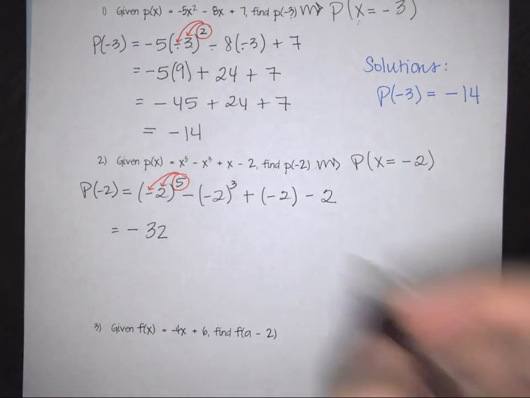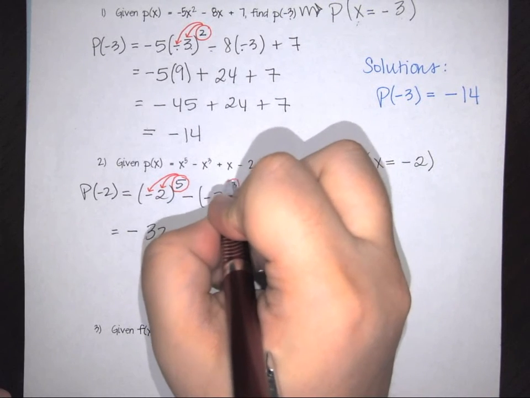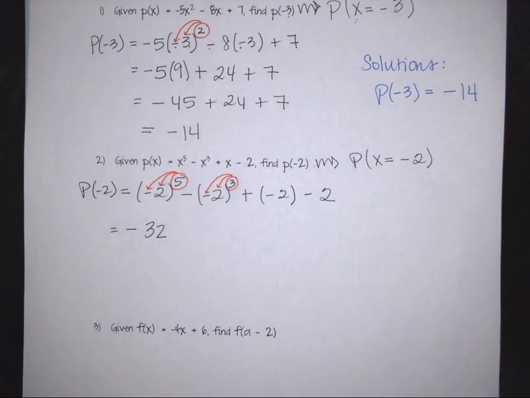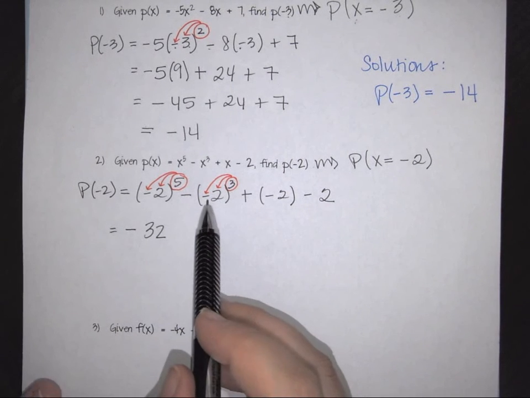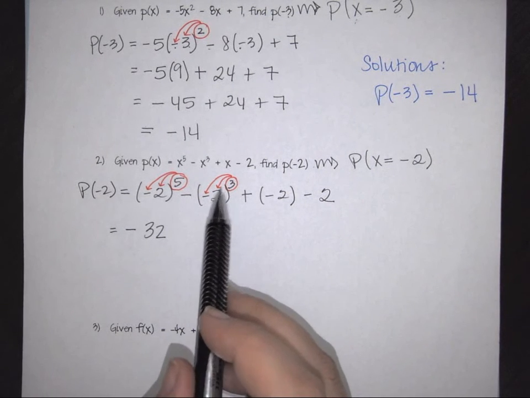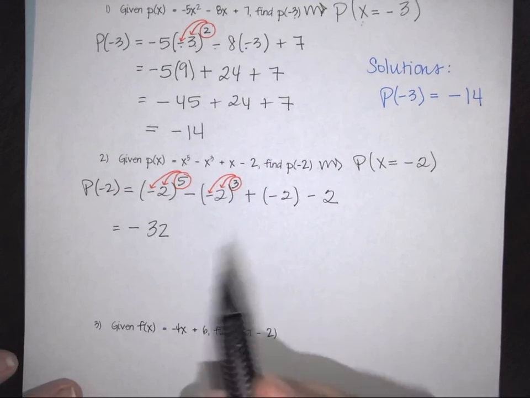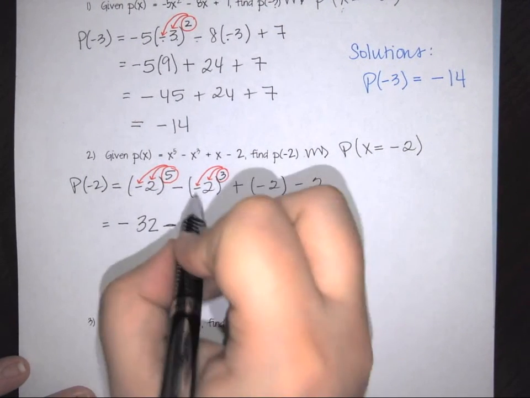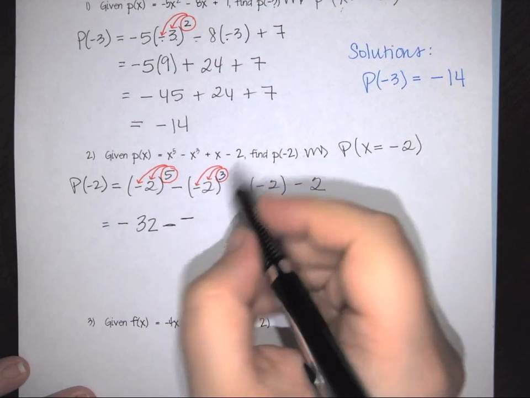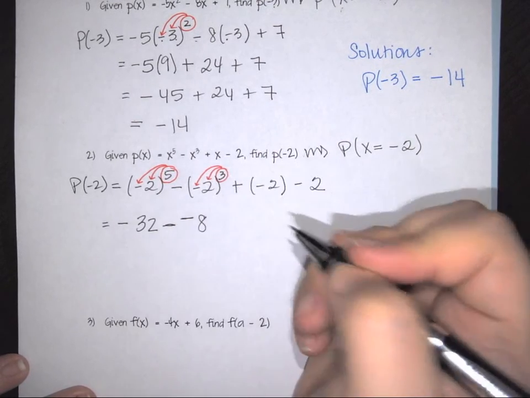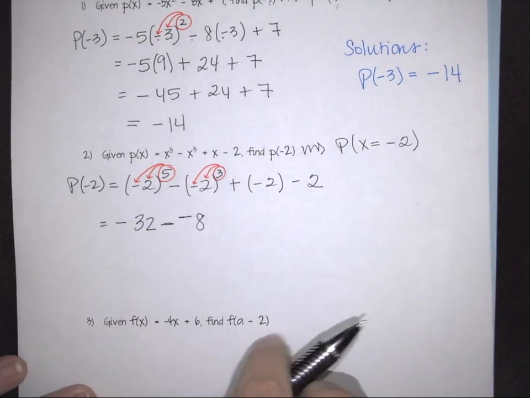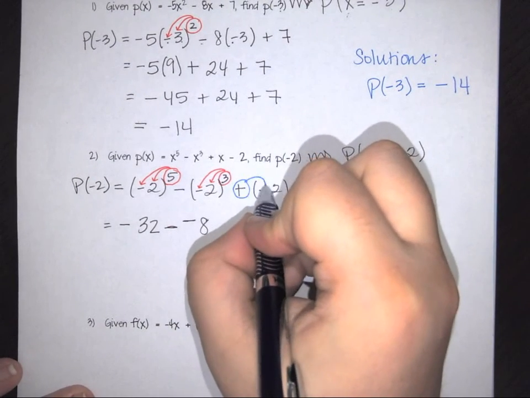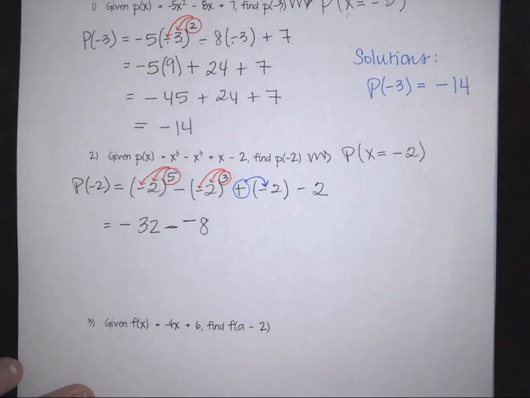Again, I have this power of 3, which applies onto the 2 as well as to the negative. So here, remember, negative taken to an odd power is negative. So this is going to be minus, my negative is here to stay, and then 2 cubed is 8. I then have this plus, which gets applied to the inside here.